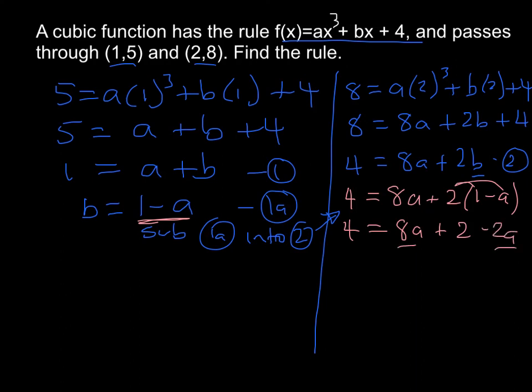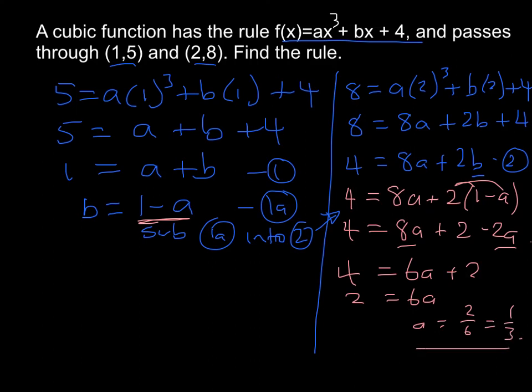Bring our like terms together, 4 is equal to 8a take away 2a is 6a plus 2. Take 2 from both sides, 2 is equal to 6a, which will tell us that a is equal to 2 over 6, or it's equal to 1 over 3.